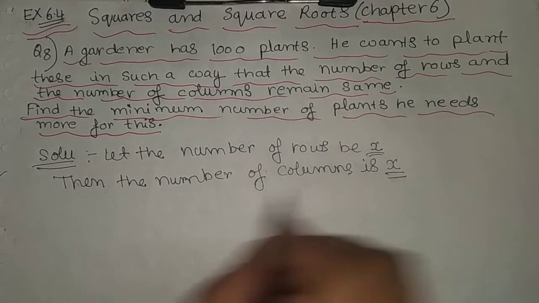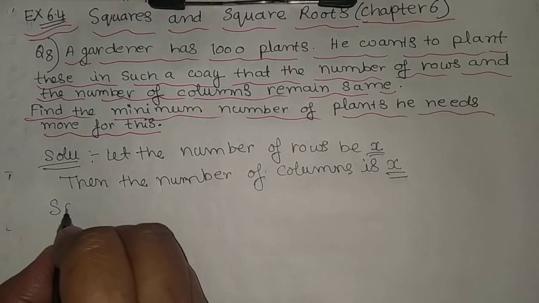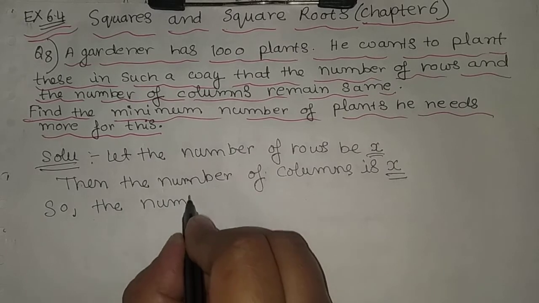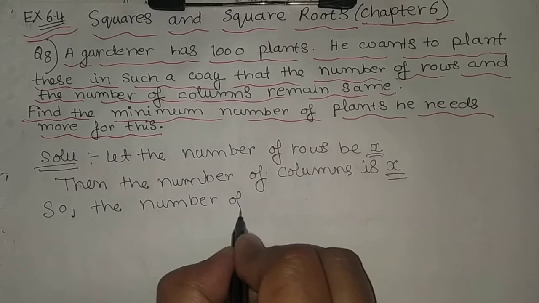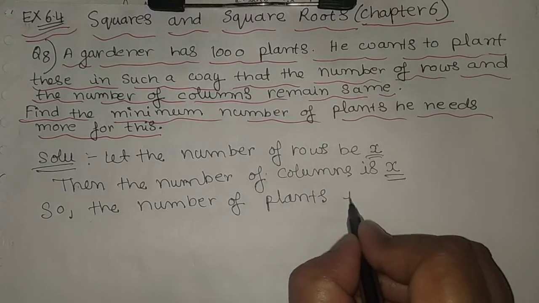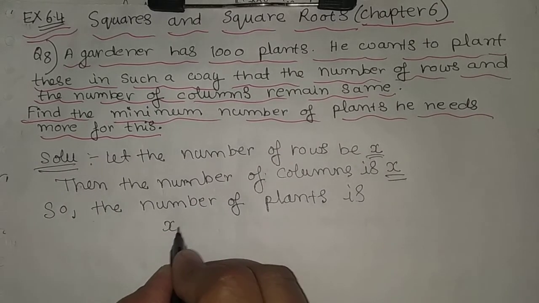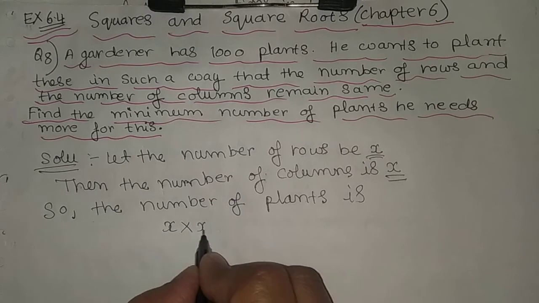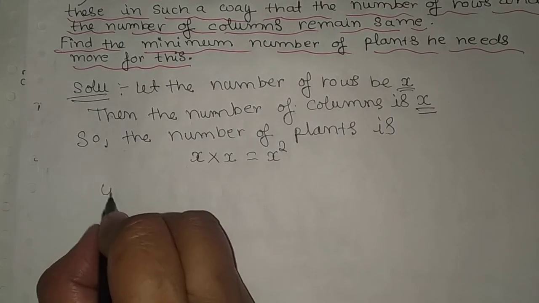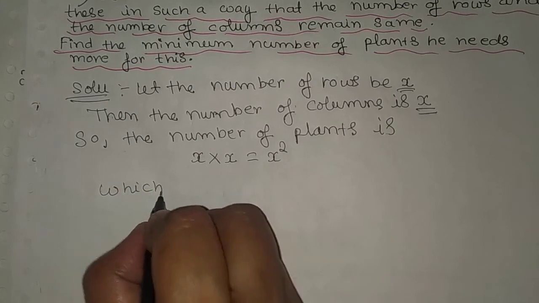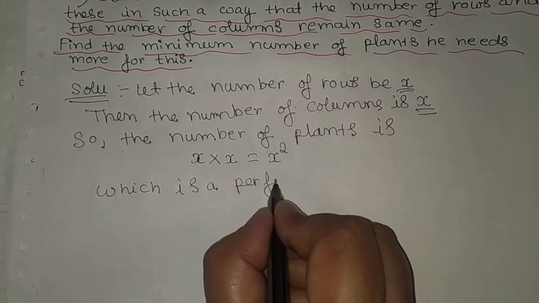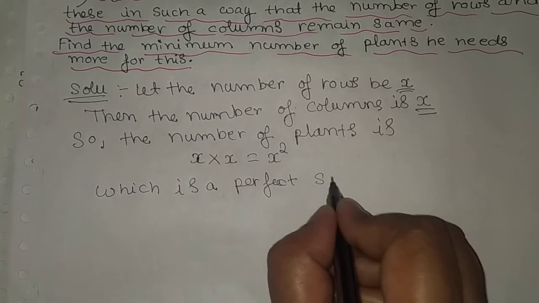So the number of plants is x into x is equal to x square, which is a perfect square.